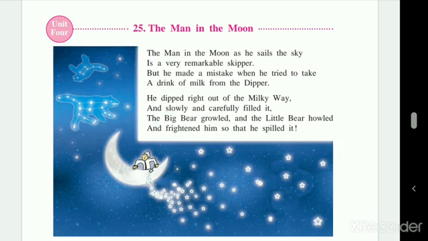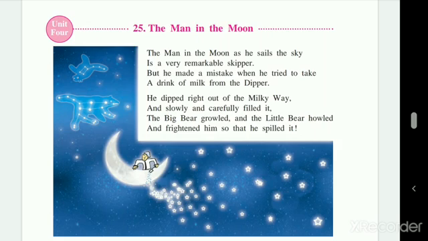Dipper means a thing used to take out something, and another meaning is also used here. Two meanings are there. Dipper means a container for taking out water, and there are also two constellations called Little Dipper, meaning little bear, and Big Dipper, meaning big bear in the sky.